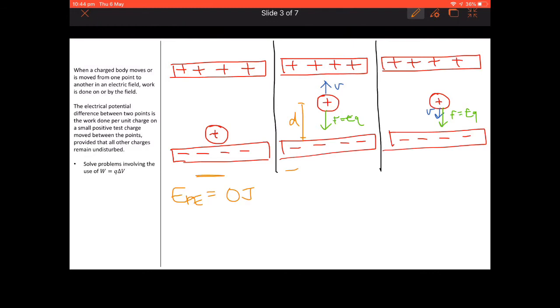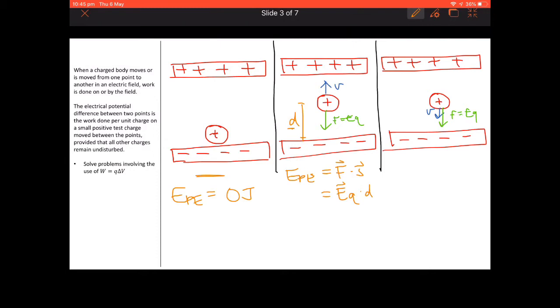The electrical potential energy here is going to be equal to the electrostatic force by displacement, which we know is equal to electric field strength multiplied by the charge itself, and then multiplied by the distance away from the opposite plate. So the field is doing negative work on the charge here, and I'm going to dive into this a little bit more later on in the video.